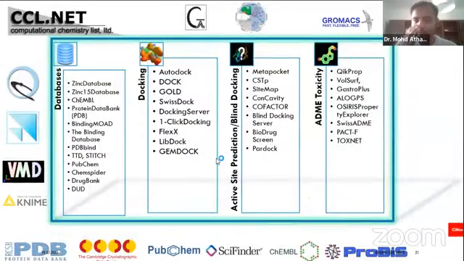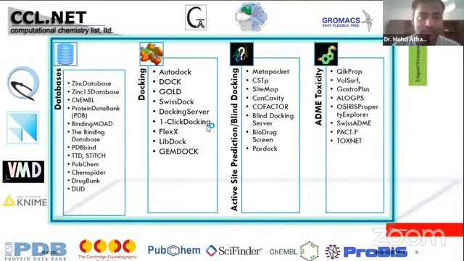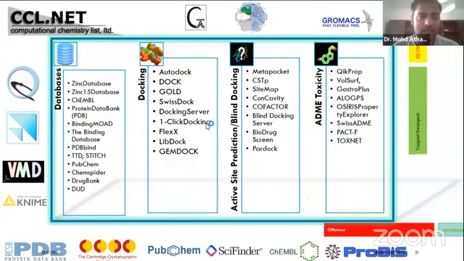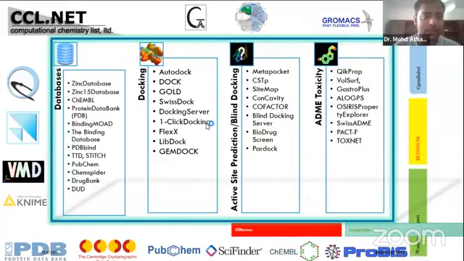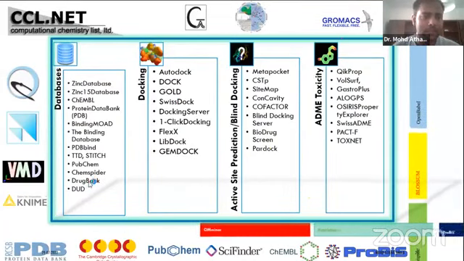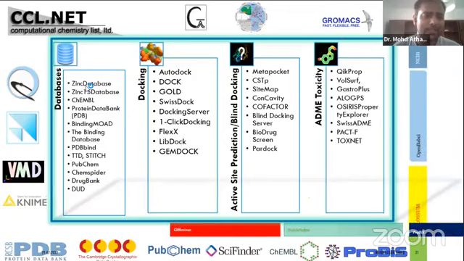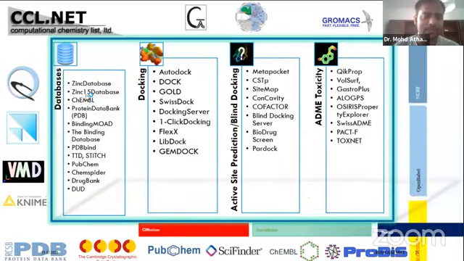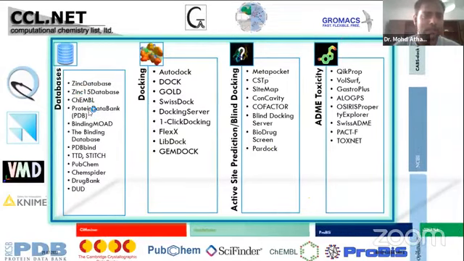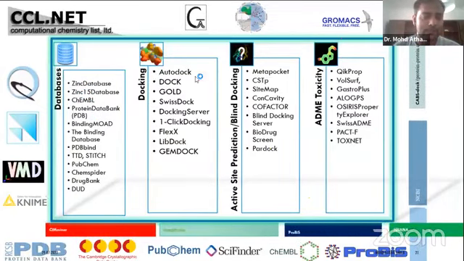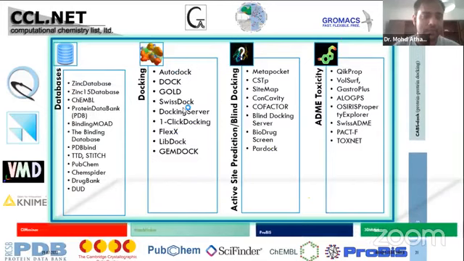Okay, so now, as I told you, there is immense data available in the public domain. Even while sitting at home, we can start a small drug design project. So there are freely available databases like ZINC, PDB, ChemSpider, DrugBank. There is a huge list. I have just given a few here, and then you can take the compounds from here and start docking with these freewares, these docking programs.